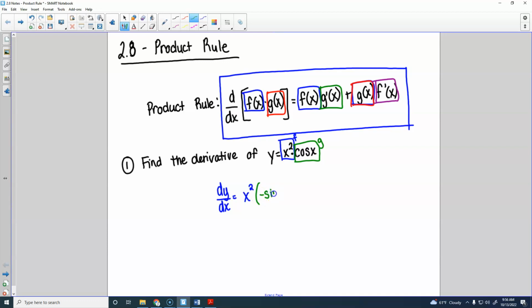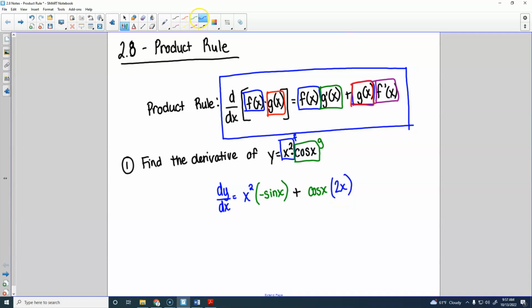Negative sine x. Then we'll have a plus sign here in the middle. Now we need to do g, just straight g, right? Cosine of x, not taking the derivative, times f prime, which would be 2x.